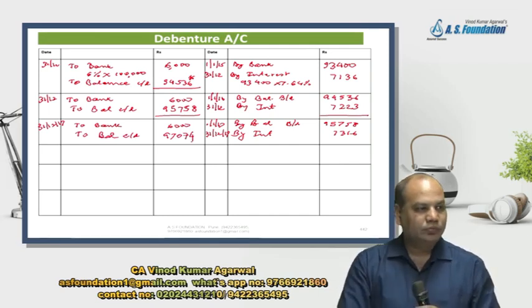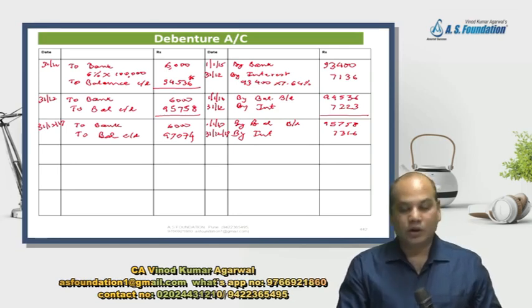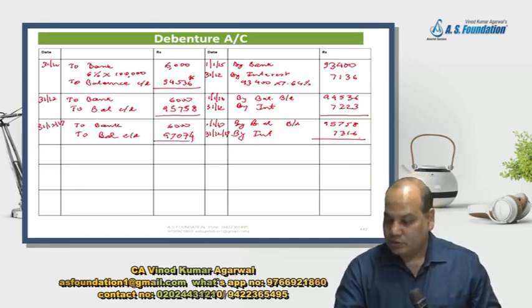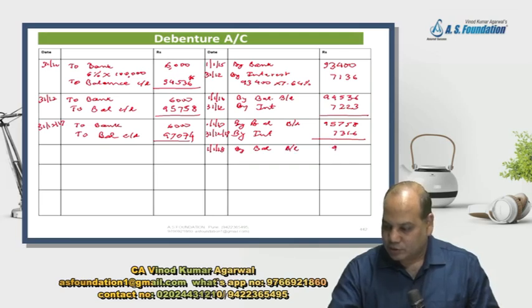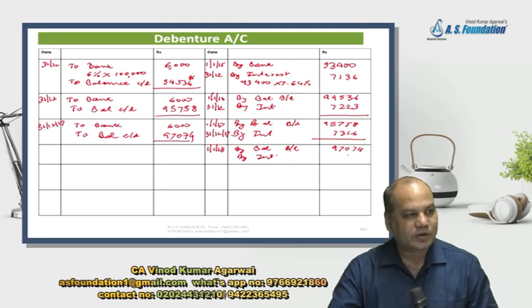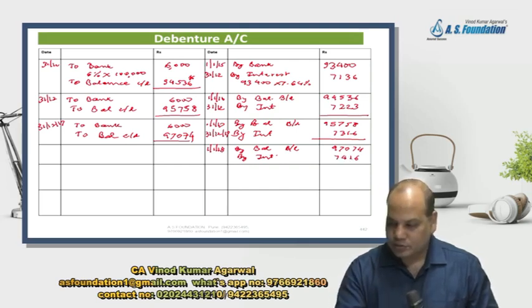97,074 is right. Are you checking or copying? Both. That is right. By balance brought down, at least do one of the two. By interest on opening balance at 7.64%, 7,416.